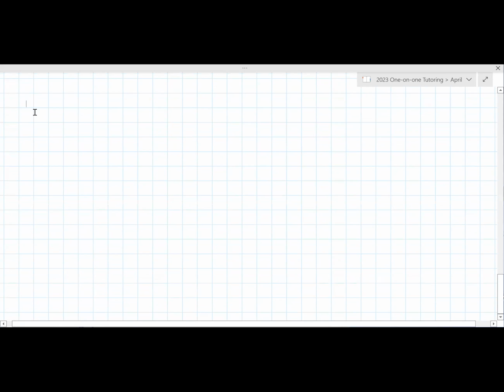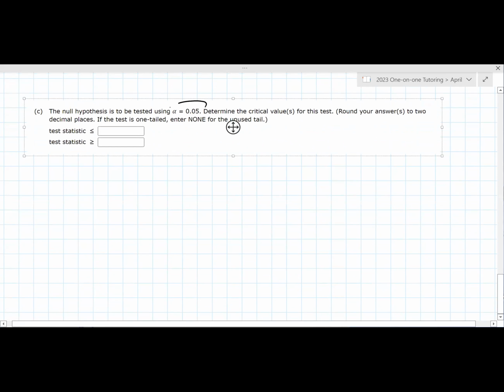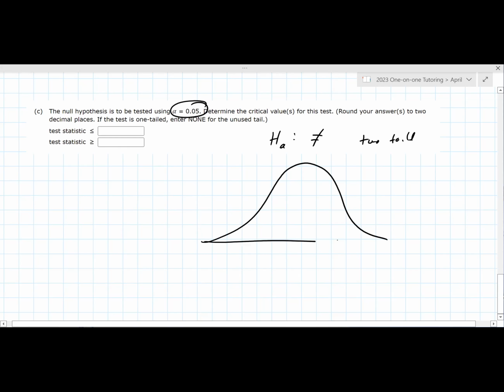Okay, part C is this critical value stuff again, okay? So they're telling you the alpha level, your alternative hypothesis is a not equal to, that's two-tailed. So what that means is that the area 0.05 is divided among these two regions. You have to take your alpha and divide it by 2. 0.025.